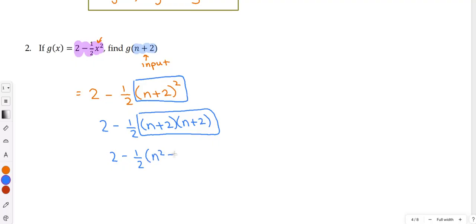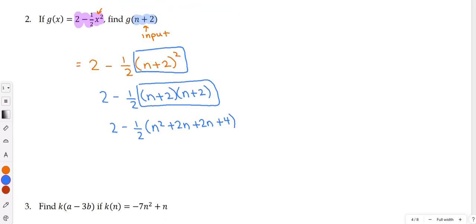N times 2, 2n. 2 times n, 2n. And we have 2 times 2, 4. I'm going to combine like terms in that parenthesis. Let me go downward still. So we have 2 minus 1 half times n squared plus 4n plus 4.